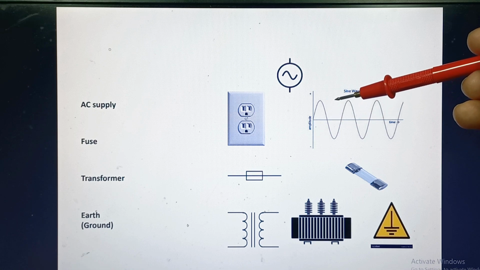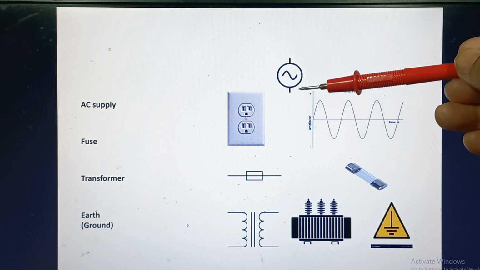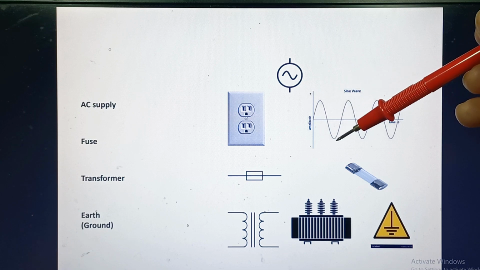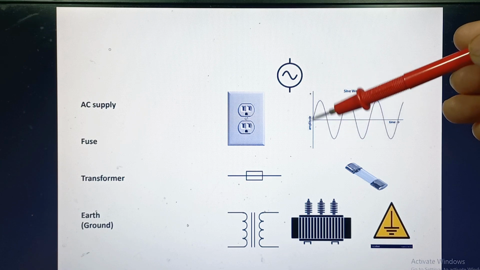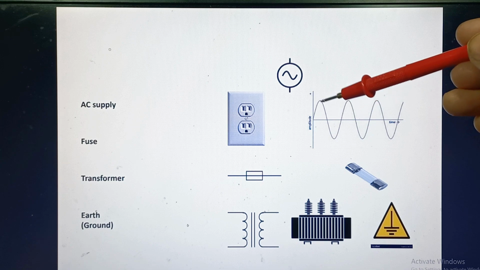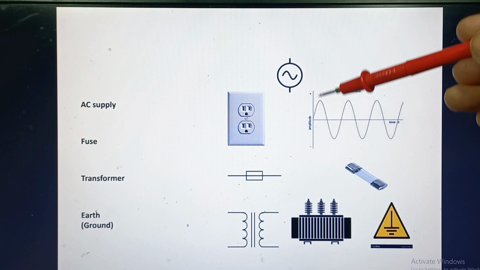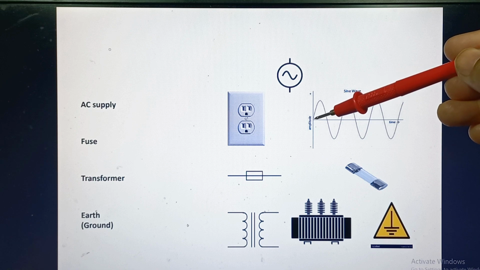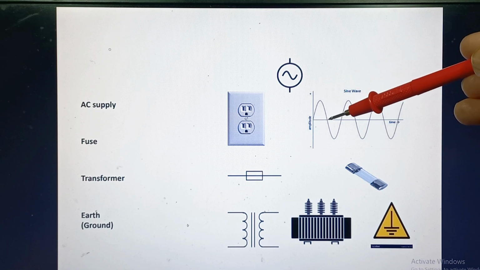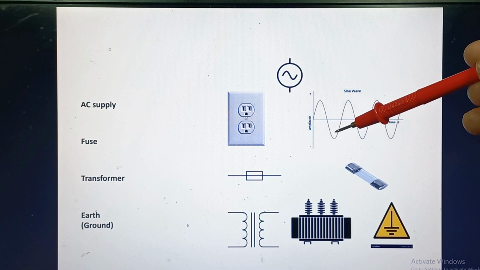It also provides the magnitude or the value of voltage level, either above the zero potential or below the zero potential.